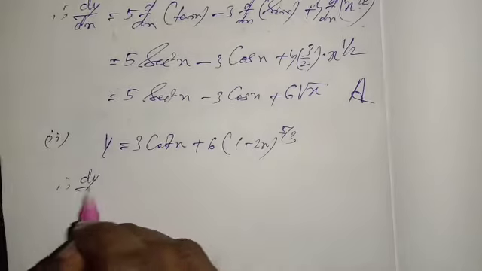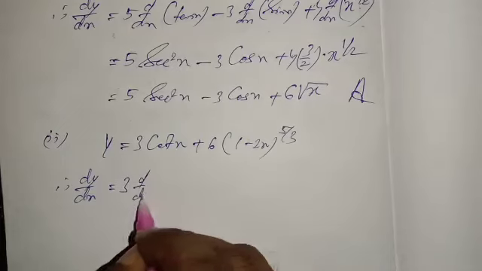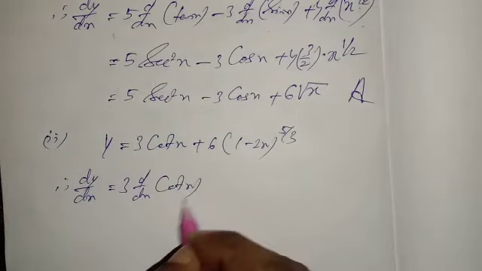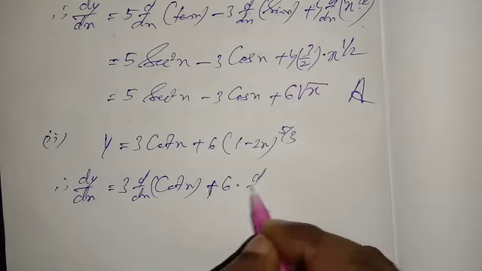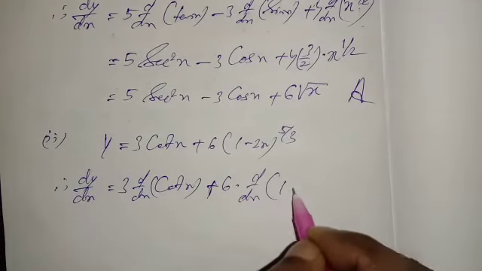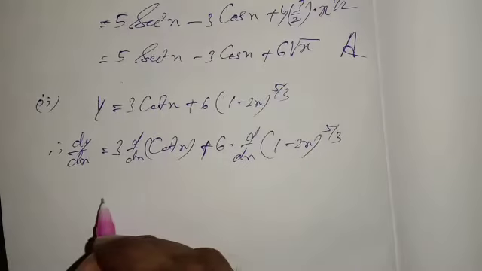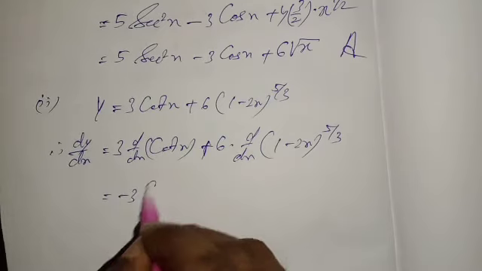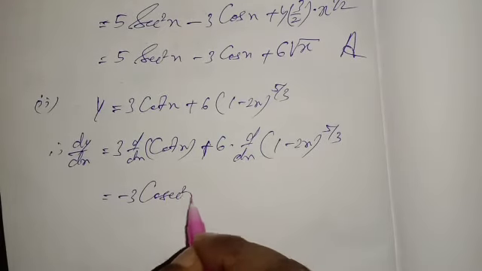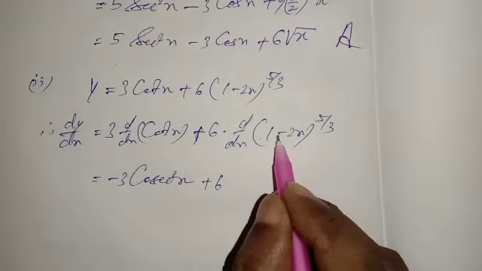Therefore, the derivative of y with respect to x, that is dy/dx, 3 taken outside, dy/dx of cot x, plus 6 taken outside, dy/dx of (1 minus 2x) whole to the power 5 by 3. The derivative of cot x is minus cosec square x. Therefore, it will be minus 3 cosec square x.